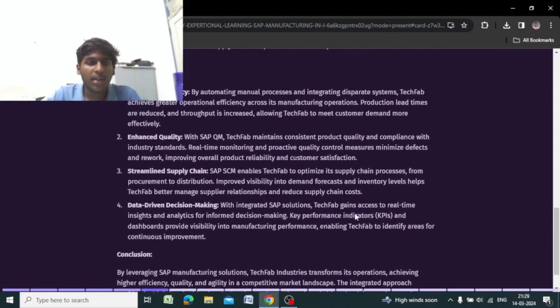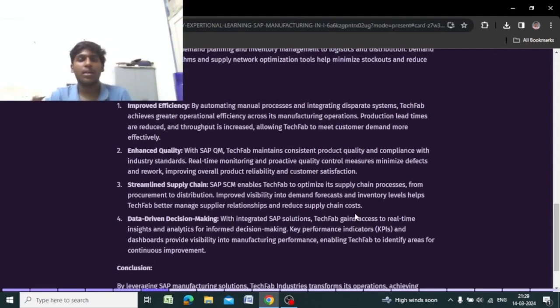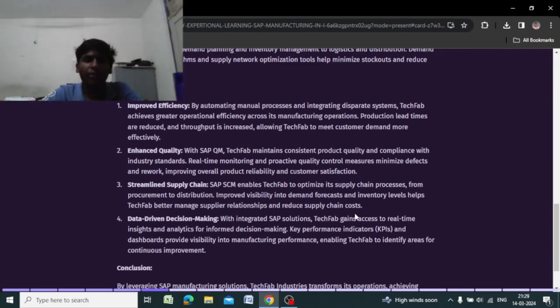Results will be enhanced quality of the products made by the company and improved efficiency in transportation and so on. So this will lead to a better quality-driven product and a less inventory-based company. It will be more data-driven decision making, which is helpful for the company to implement and grow.